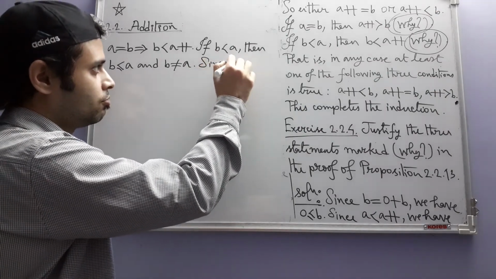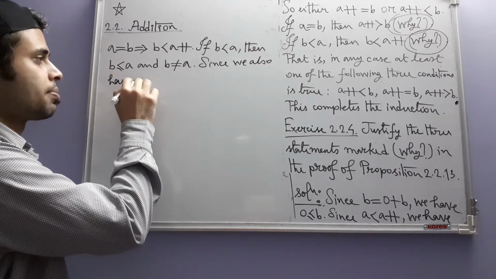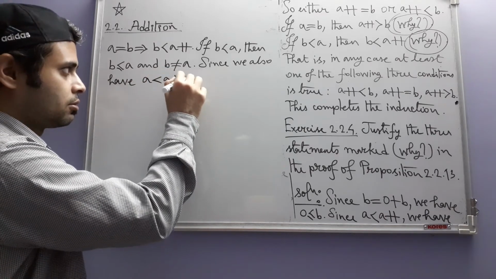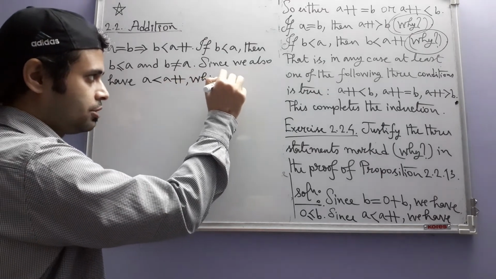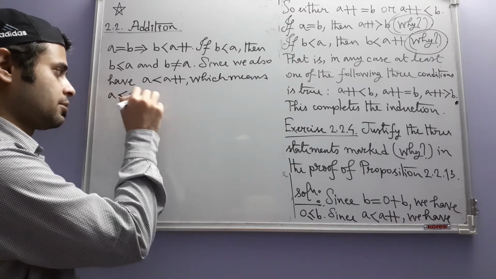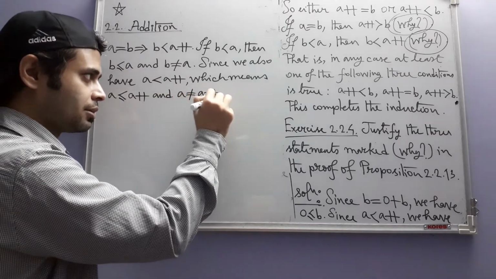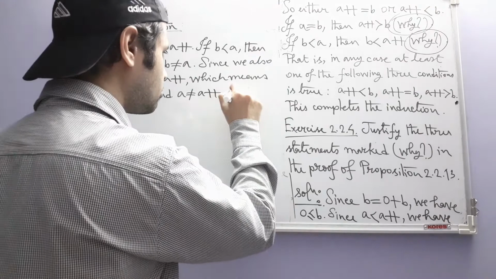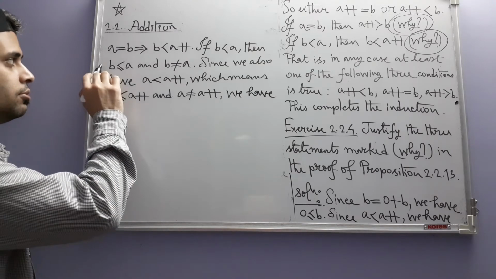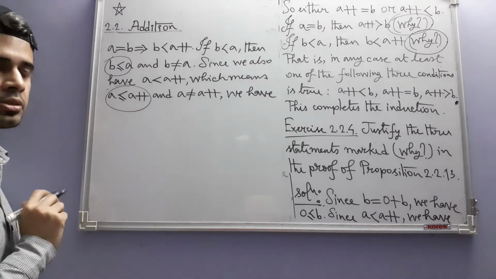Since we also have a less than a plus plus, which means a is less than or equal to a plus plus and a is not equal to a plus plus, we have, okay, look at these two relations. b is less than or equal to a and a is less than or equal to a plus plus.